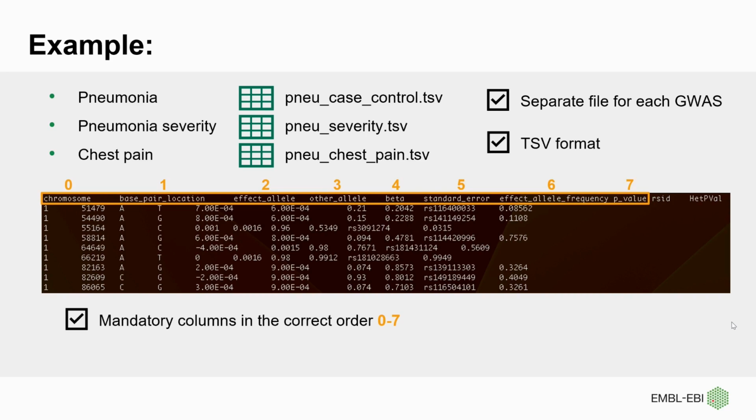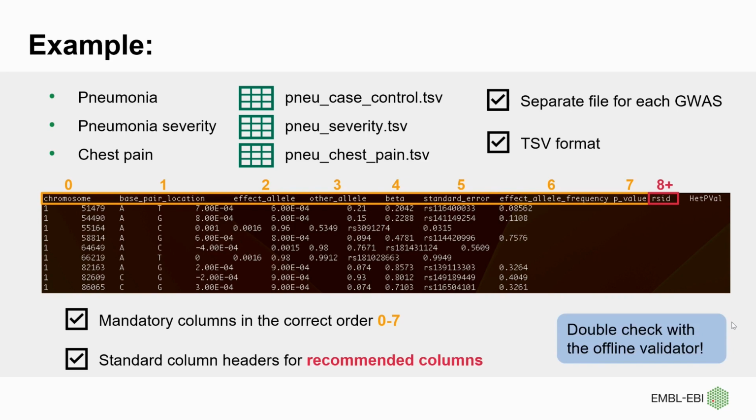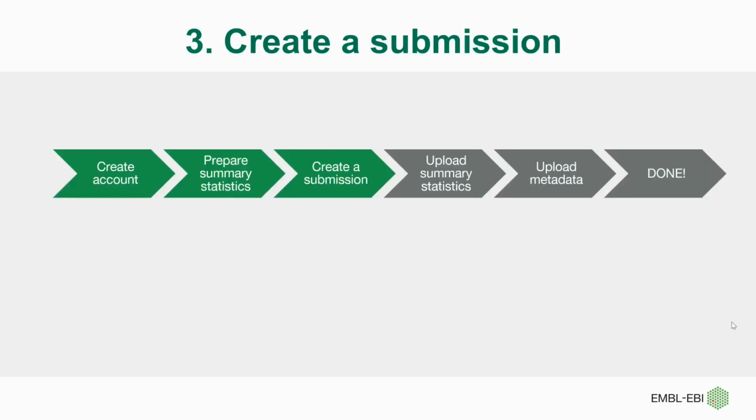And make sure that the mandatory columns are all there and they're all in the correct order. And then make sure that any of the recommended columns that I've added have the standard column headers, for example, for RSID here. And it's always a good idea to double check using the offline validator to make sure the summary statistics are all valid before you get started with the submission.